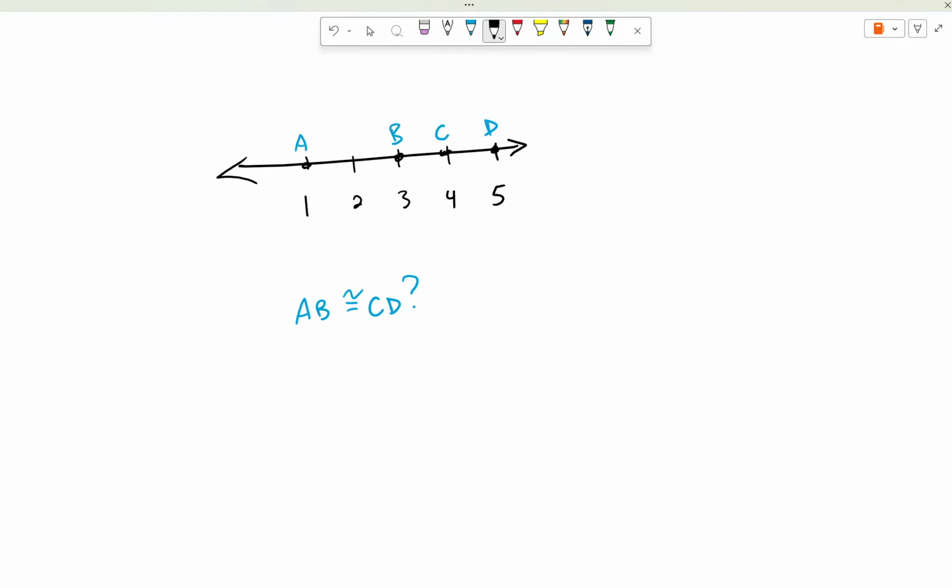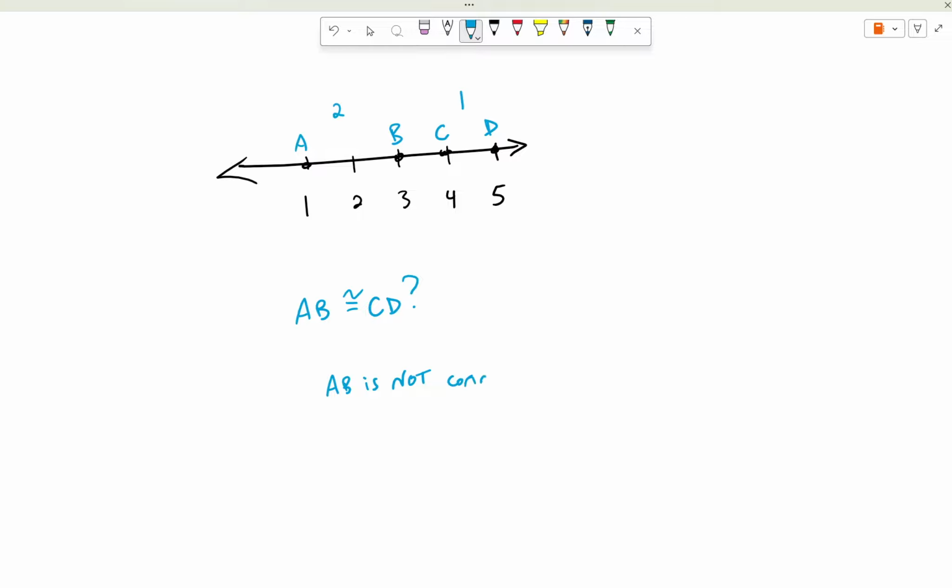And now we're going to actually take, and your textbook uses an absolute value, but you guys can just use a counting principle here. AB here is going to be equal to 2. It's 2 spaces, right? And then CD here is just going to be equal to 1. And what you're going to see is that AB is not congruent, right?